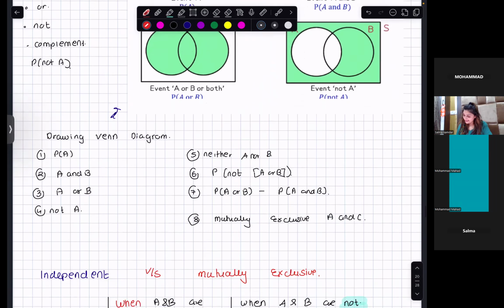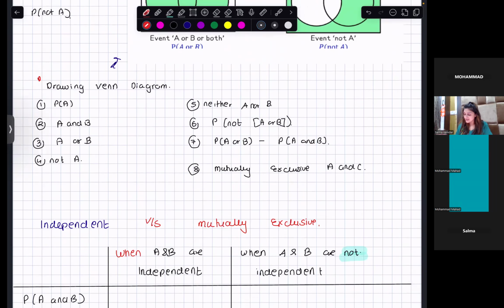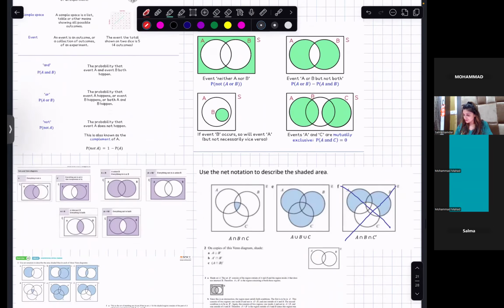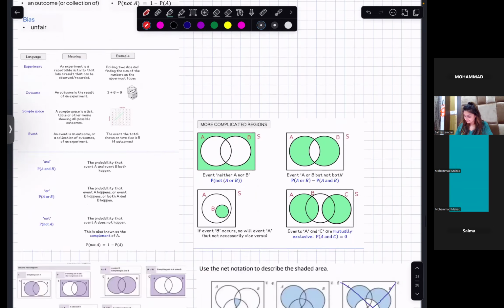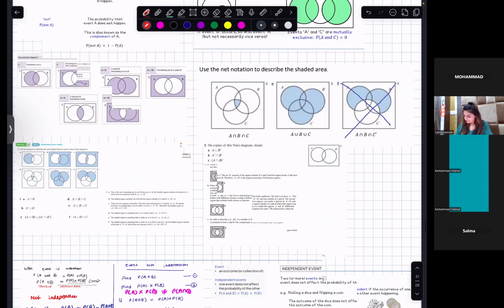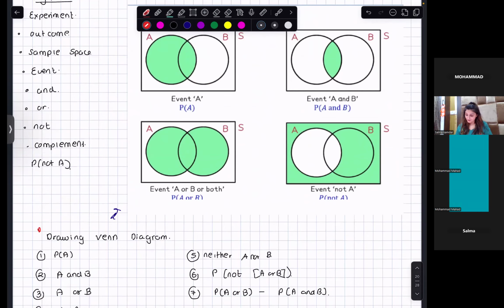Before I go on to that, there are these 8 Venn diagrams which I want you to know particularly. You all will take time after the lesson and try to draw these Venn diagrams, but I will take you through them right now. How do you plot probability of A? You just shade the A region.